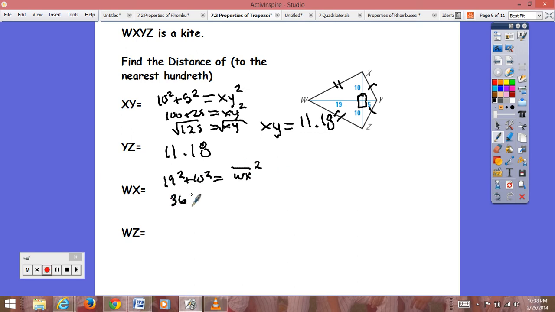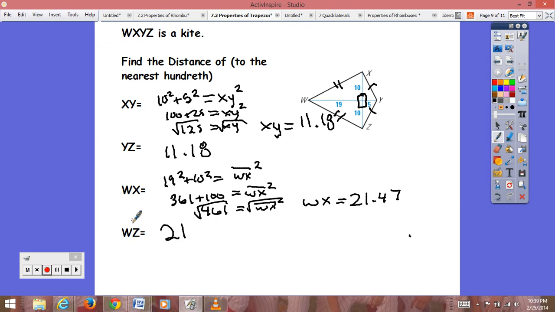That gives us 361 plus 100 equals WX squared, which is 461. Take the square root of both sides, and side WX is going to equal 21.47. And again, since these two sides are congruent, WZ is also going to equal 21.47.